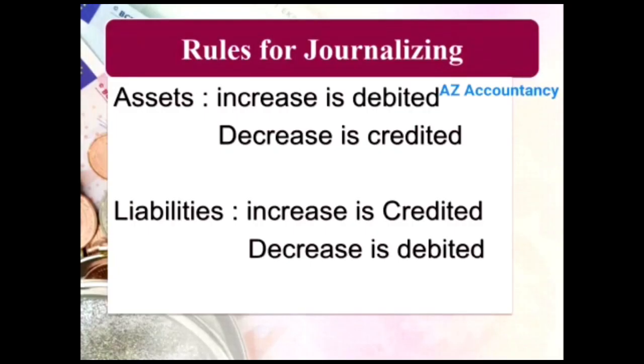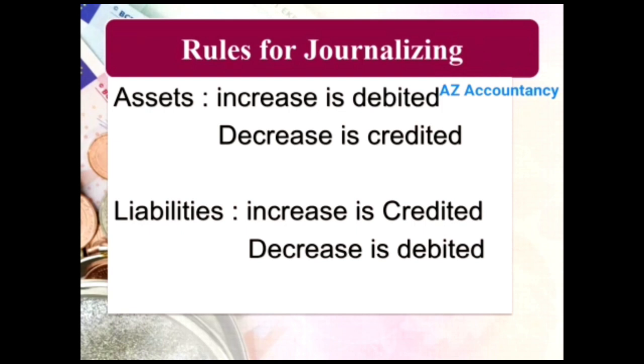Now we have to learn the rules for journalizing. In my previous video I told you there are 5 pillars of accounting: assets, liabilities, owner's equity, revenue and expenses. Assets, when increased it should be debited, and when it is decreased it should be credited. When we buy asset, it is increase of asset and we must debit the asset because we are buying it, and buying of asset is increase of asset.